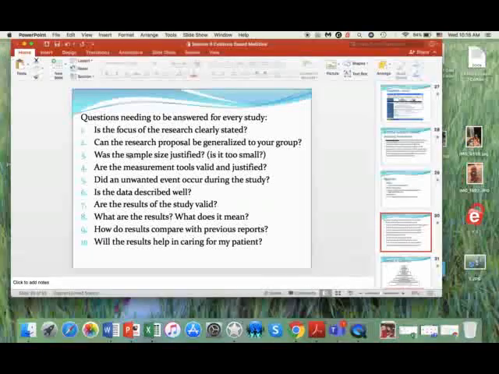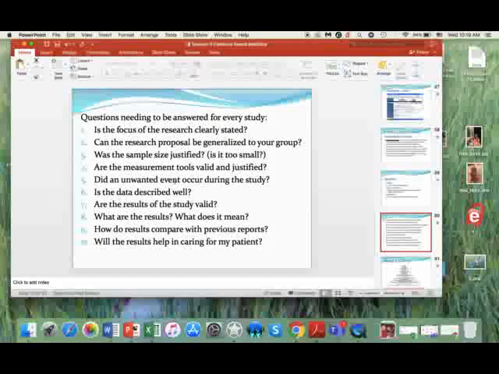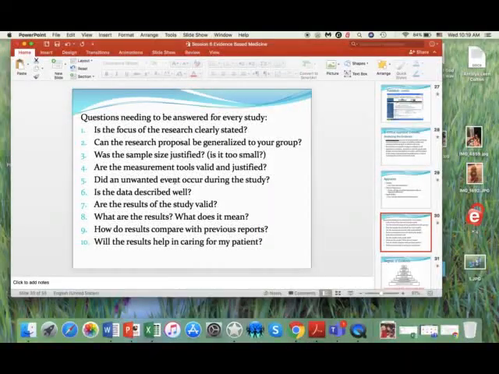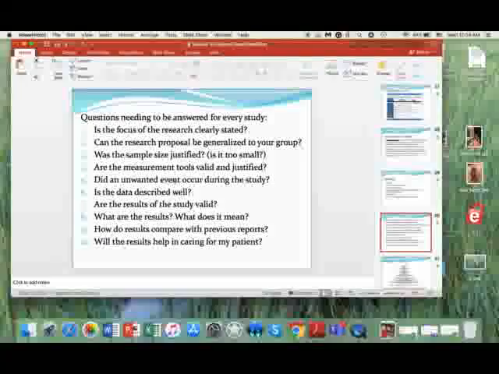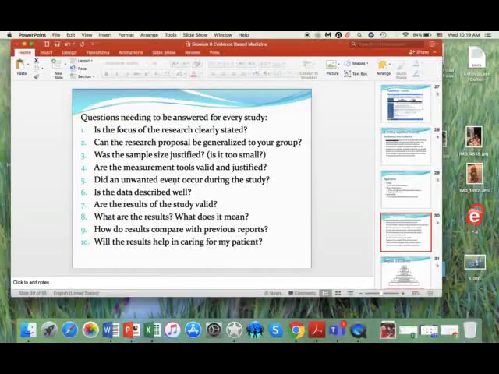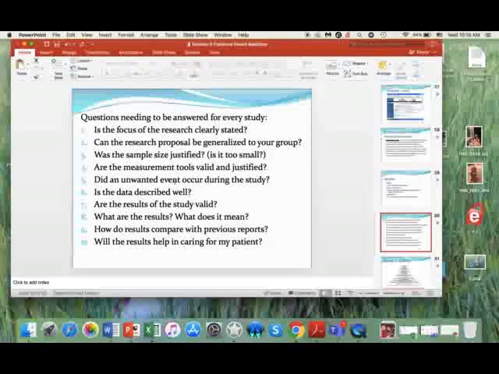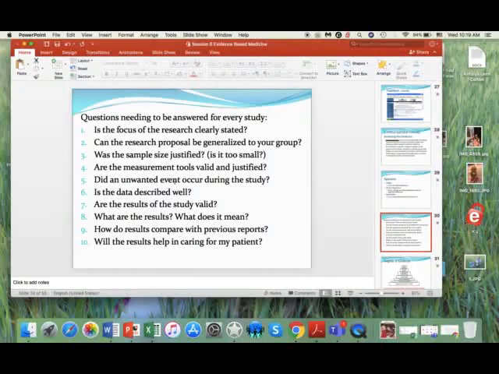Maybe not. Are the measurement tools valid and justified? Like how they studied it, was it a valid tool? Did any unwanted event occur during the study? Sometimes you'll see a study that was stopped because too many people were having a side effect, or for some reason maybe they had 20,000 patients, but they couldn't find 5,000 patients that were in the study after 5 years.